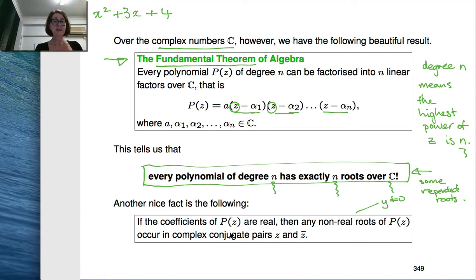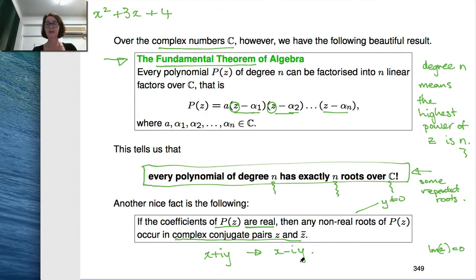The other thing that happens is if you've got this polynomial in z, complex numbers, and the coefficients of all the terms are real numbers, so they have imaginary part of the coefficients equal to 0, so they're just real coefficients, then it turns out that any non-real roots, and what we mean by that are roots that have imaginary part not equal to 0, so any non-real roots of the polynomial occur in complex conjugate pairs. So if you have x plus iy as one of your roots, you know that x minus iy will always also be one of your roots.